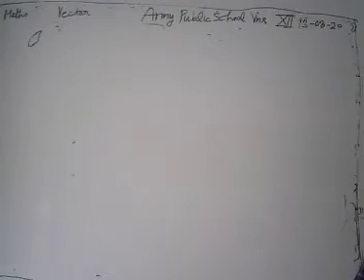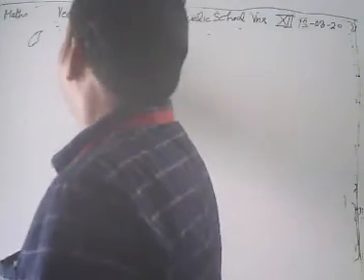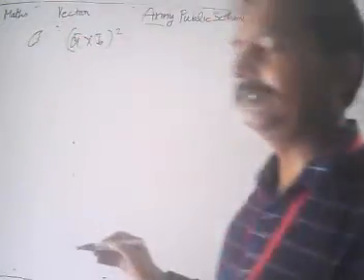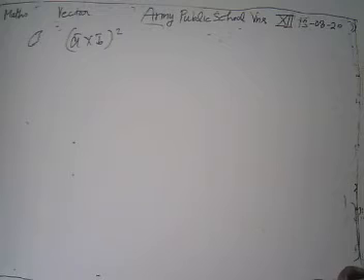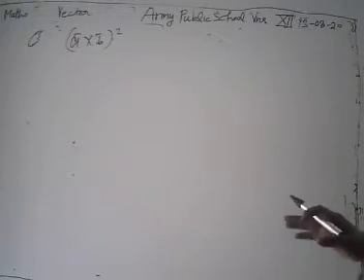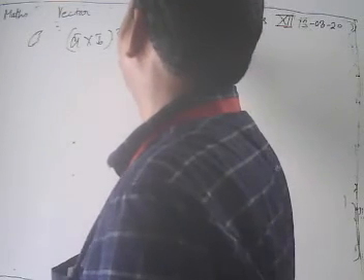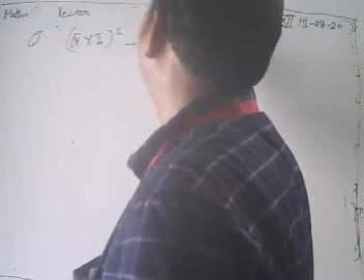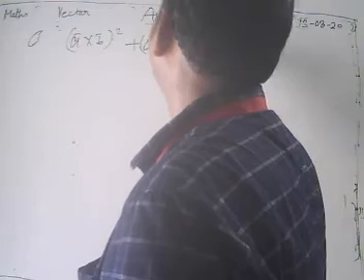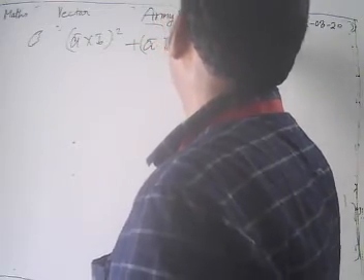We have to prove that vector A cross B whole square, which is also used as a relationship formula between the dot product and cross product, plus vector A dot B whole square is equal to magnitude of A square into magnitude of B square.